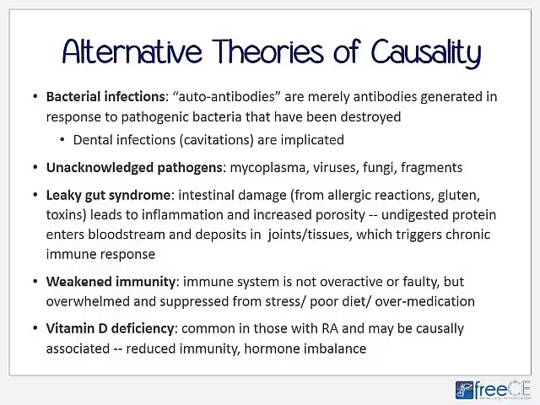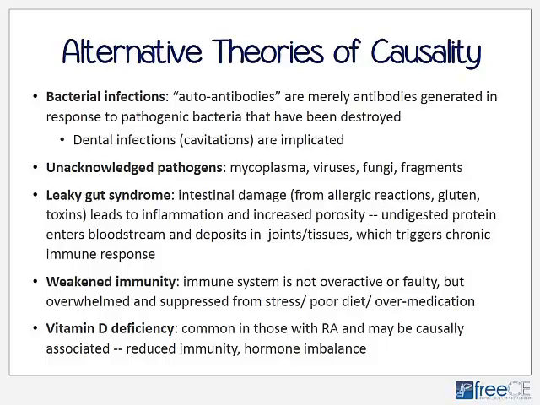We also have leaky gut syndrome. This is a theory that I personally like because it explains a lot of what we see in not only RA, but the so-called autoimmune diseases in general. And that is there's intestinal damage from allergic reactions to various foods, in particular gluten, or other toxins that are widespread within our food chain.